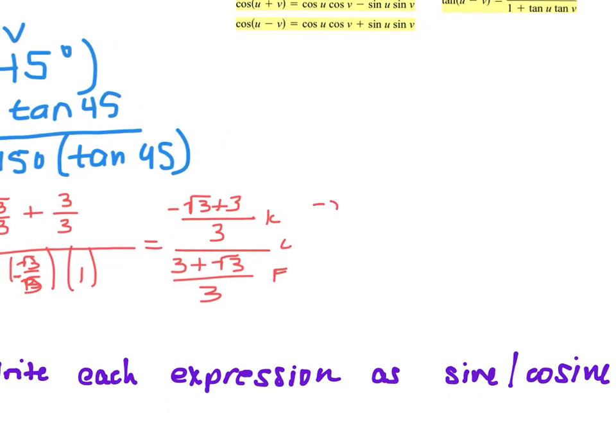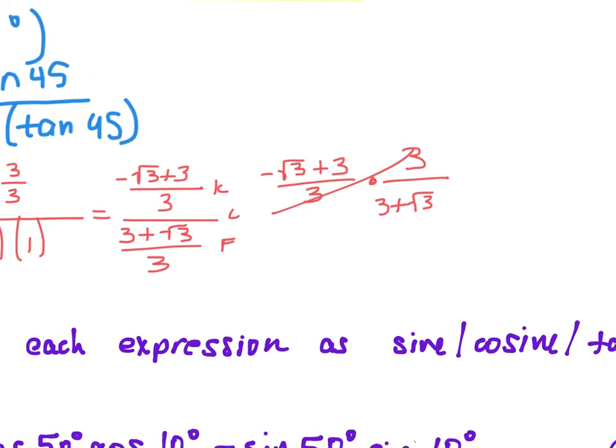When I do that, I have negative root 3 plus 3 over 3 times 3 over 3 plus root 3. This will cancel out, so I'm left with negative root 3 plus 3 over 3 plus root 3.